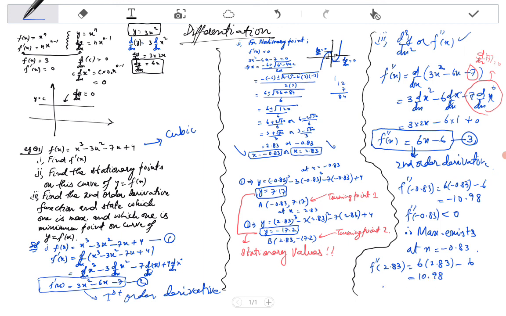Since f double dash of 2.83 is greater than 0, therefore a minimum exists at x equals 2.83. This is shown actually. Okay, it's verified here.